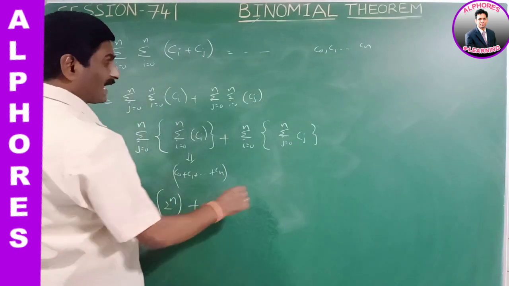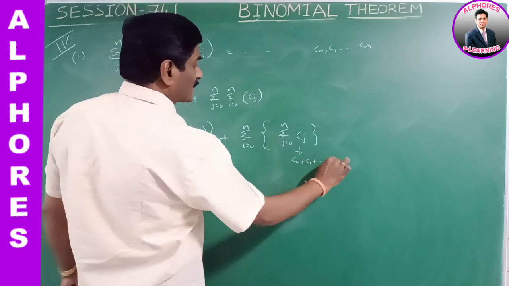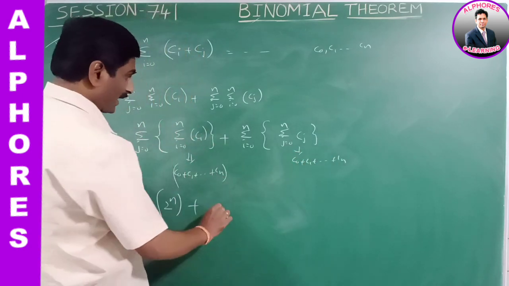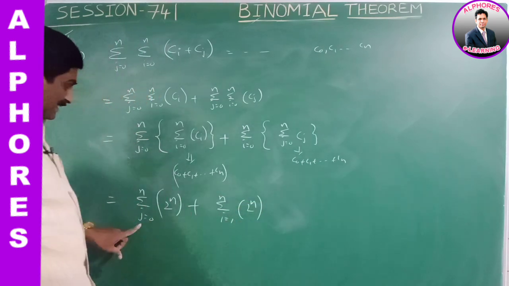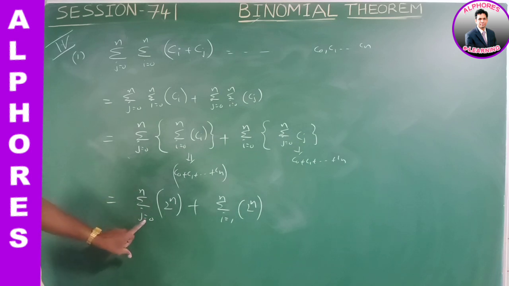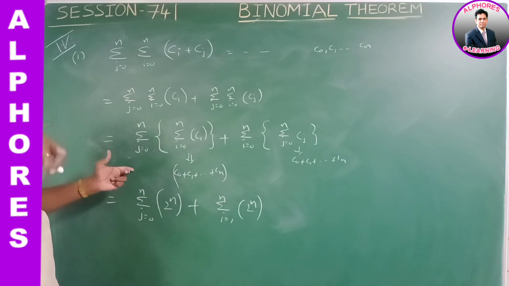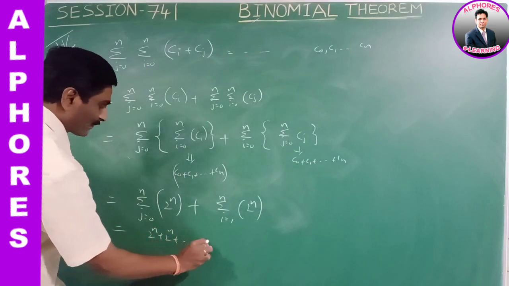Okay. Next, similarly, in this case also, j is equal to 0 to n means this is also c0 plus c1 plus so on cn. What is this value? 2 power n. That means sigma I is equal to 0 to n, 2 power n. Here, j is the variable, n is the constant. How many terms are available here? J is equal to 1 to n means n terms. J is equal to 0 to n means n plus 1 terms. That means 2 power n plus 2 power n plus how many times appears?